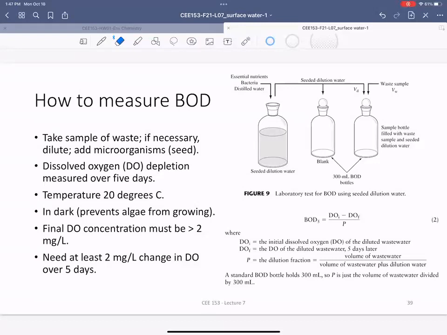It's not the amount of BOD remaining in water. What you measure is the amount of BOD consumed, already gone. So how do you relate those two equations? It's basically an exponential equation, and we'll show you that. It's a first order decay constant, which you already learned. We'll plug that into the equation. That means if you know the BOD, you can calculate BOD 5. If you know BOD 5, you can calculate BOD.